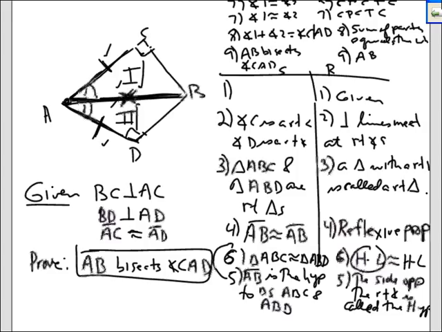AB cut angle CAD into 2 equal parts. Okay, and that's called an angle bisector.